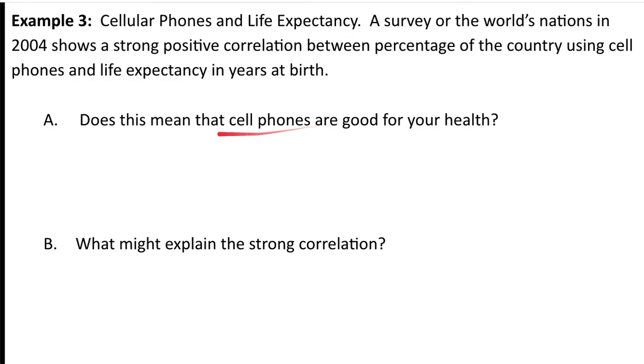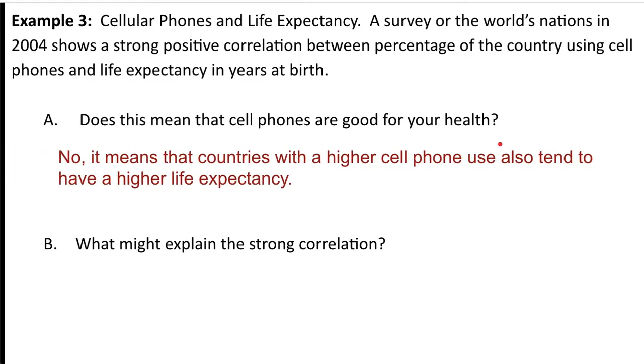So does this mean that cell phones are good for your health? So this statement really is saying, is one causing the other? You will often be asked this question, and your gut reaction needs to be no. All it's telling you is that countries with a higher cell phone use also tend to have a higher life expectancy.